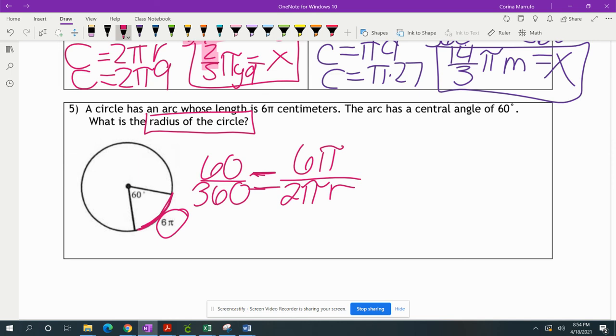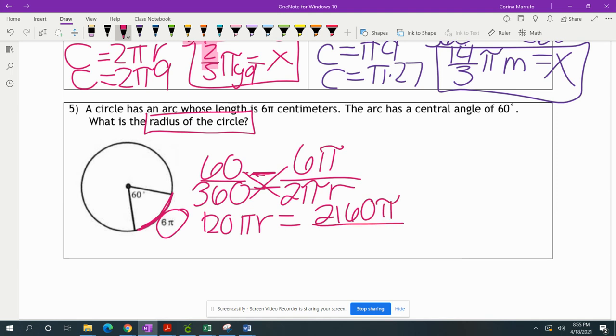So now I'm going to go ahead and cross multiply. So 2 times 60 gives me 120 pi r equals, I'm going to go ahead and multiply the 360 times a 6. And that gives me 2,160 times pi.